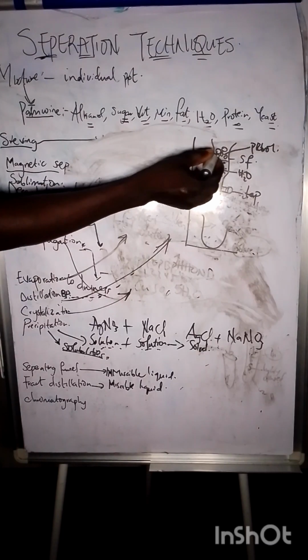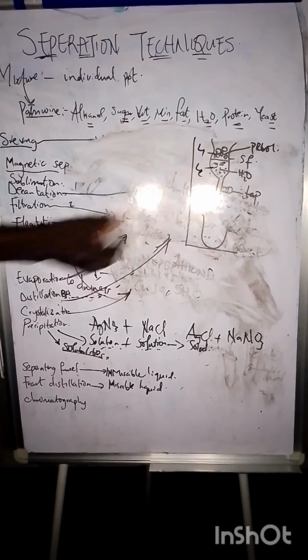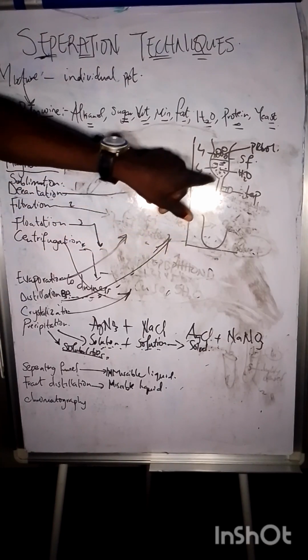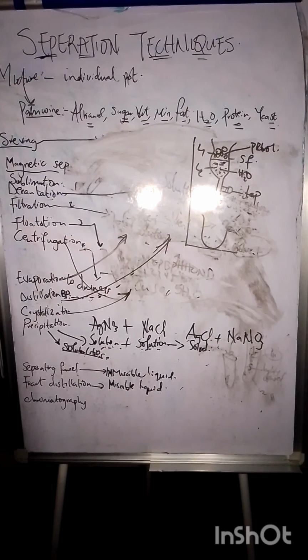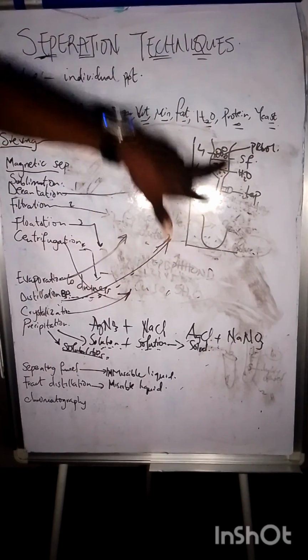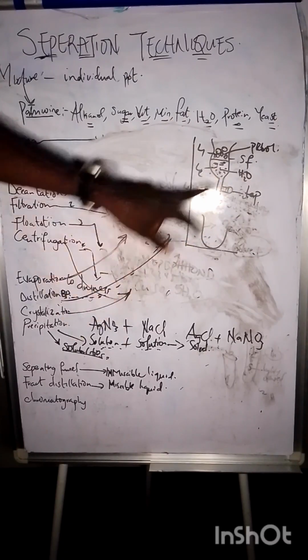This is layer 1, this is layer 2. Layer 2 is very dense, while layer 1 is not dense. Because it's very dense, it will go down. The one that is less dense will go up. So what will you do? You just open this tap, then you tap the water off.